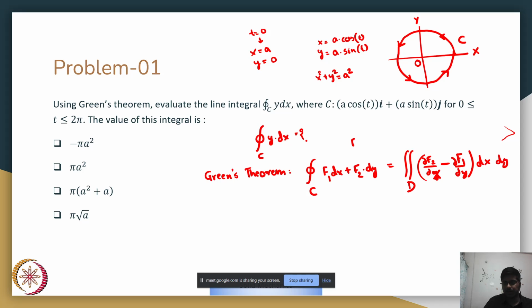Here we have the requirement that f1 and f2 are C1 continuous over this particular region D. What this C1 continuity means is that both of these functions are continuous and differentiable. Their first derivatives should exist and be continuous. C1 is written like this.